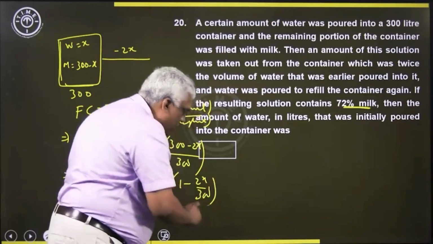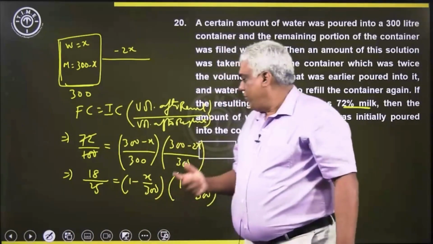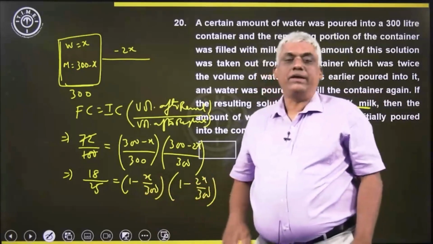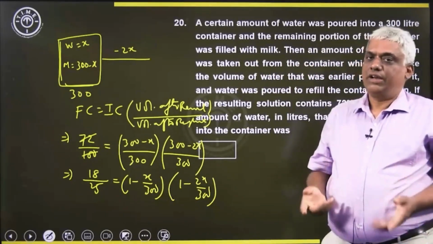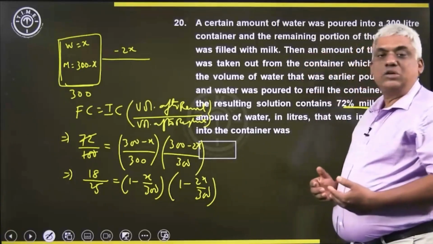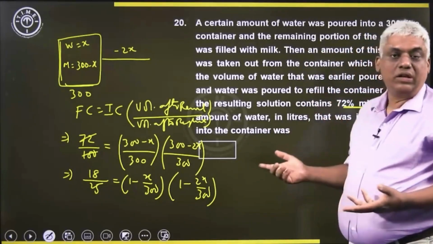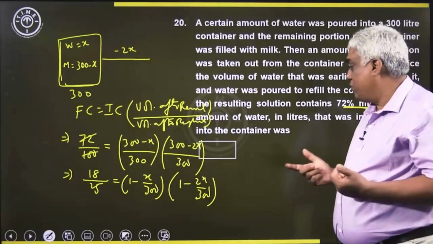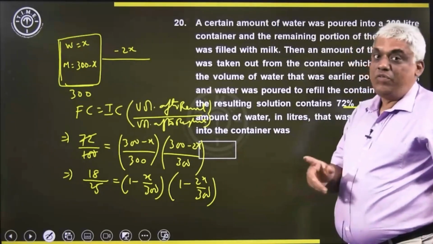Now, we have to find the value of X. If you open the bracket and solve for X, you will get the answer. Better to go with options, but options are not there, it is a TITA question. If you open the bracket, it will be very lengthy.